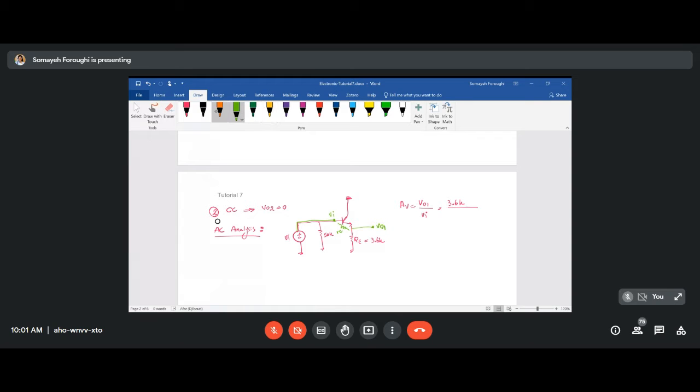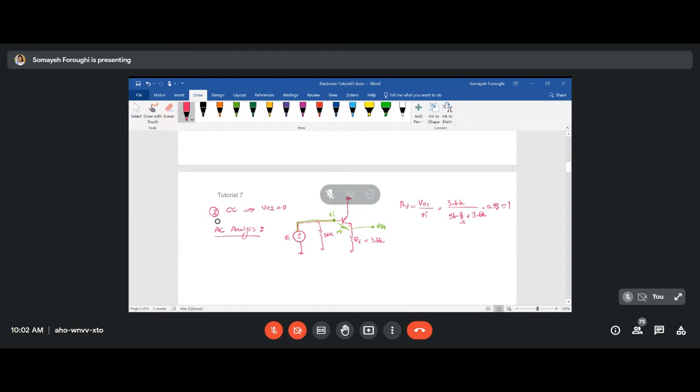So simply you can say it will be that little RE, which was 56.8, plus that capital RE, which is 3.6K. Because this 56.8 is pretty negligible compared to a resistance in kilo ohms, you will just consider it to be 3.6K over 3.6K, which is almost 1. If you want to find it accurately, it's like 0.98, which is pretty close to 1.